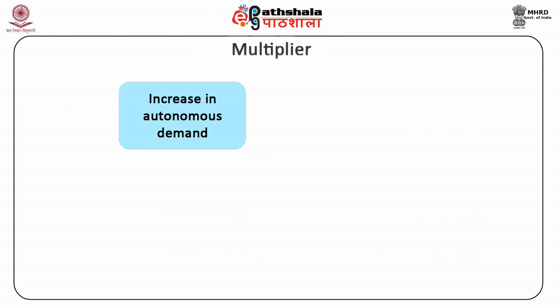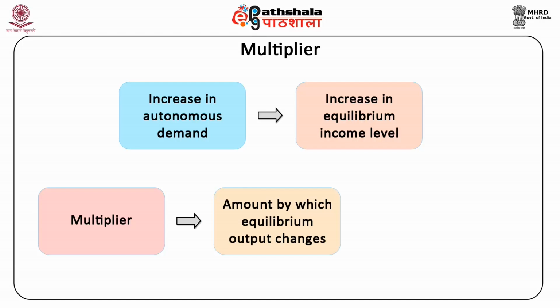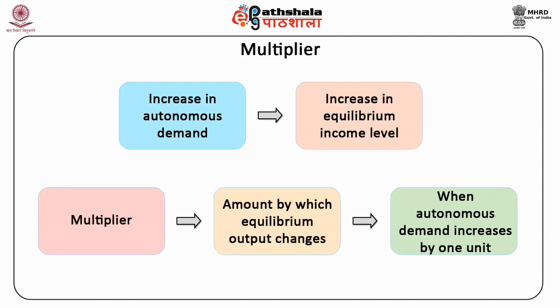An increase in autonomous demand results in an increase in equilibrium income level. The magnitude of the increase in income is given by the multiplier. The multiplier is a number free of units. It is defined as the amount by which equilibrium output changes when autonomous demand increases by 1 unit.